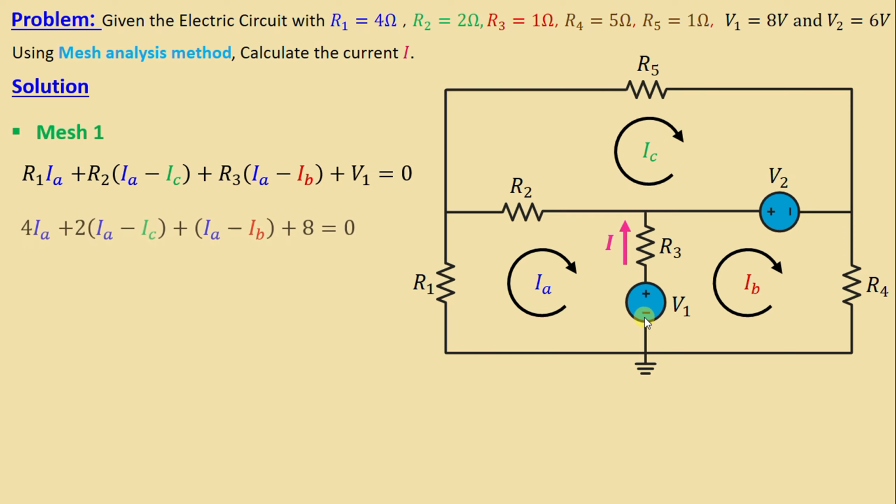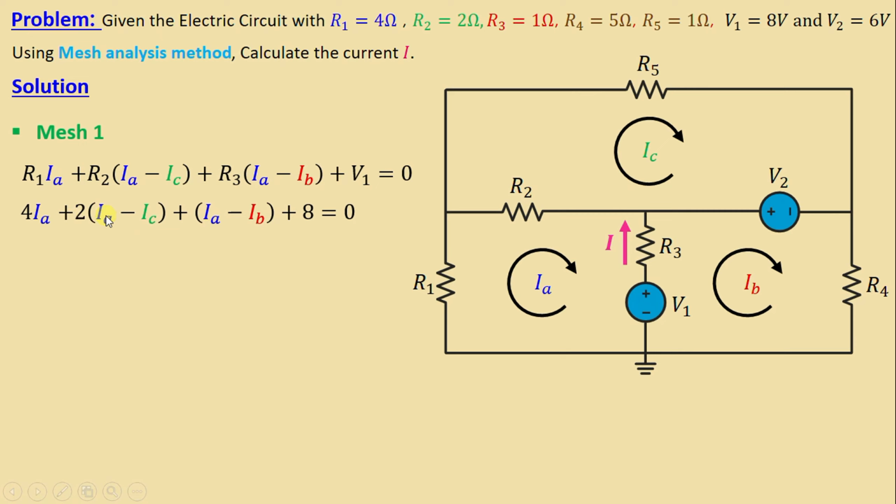By replacing the resistors and voltage with their numerical values, we obtain 4IA plus 2(IA minus IC) plus (IA minus IB) plus 8 is equal to 0. If we continue simplifying this equation, we obtain 7IA minus 2IC minus IB plus 8 is equal to 0.